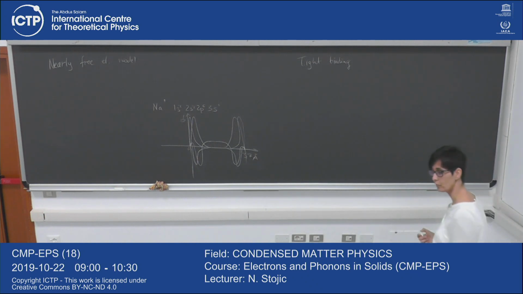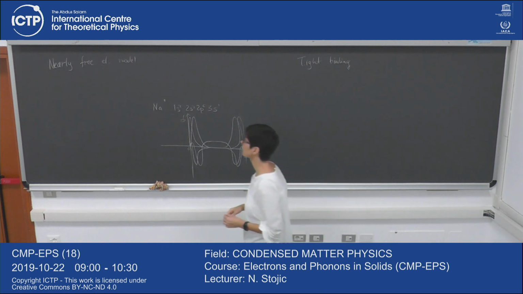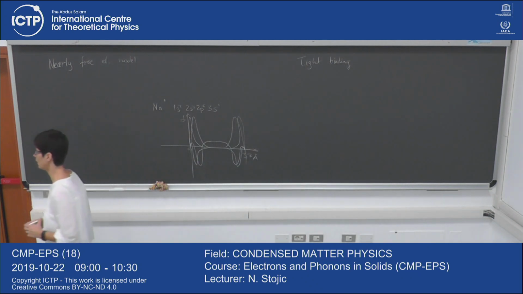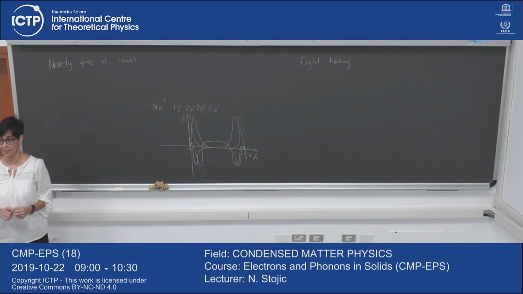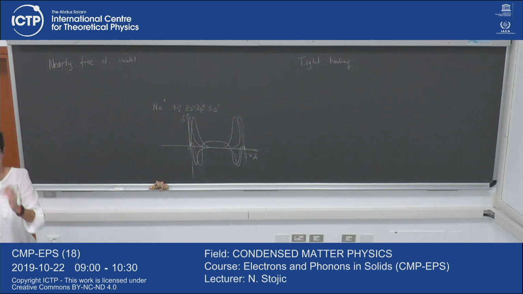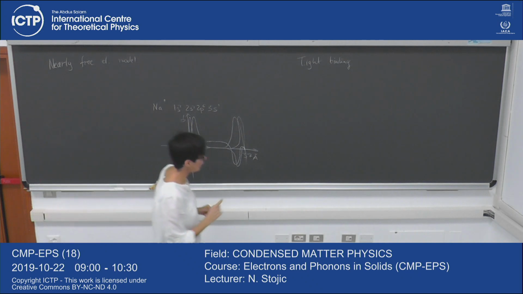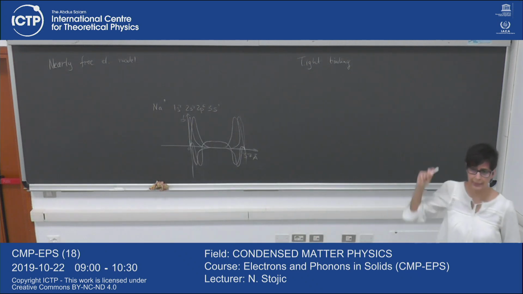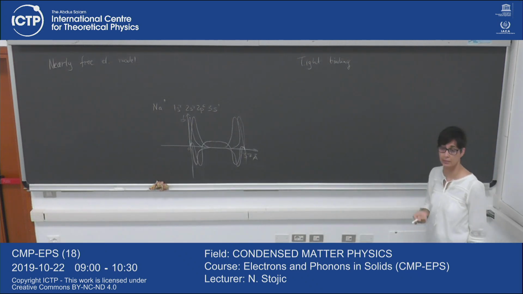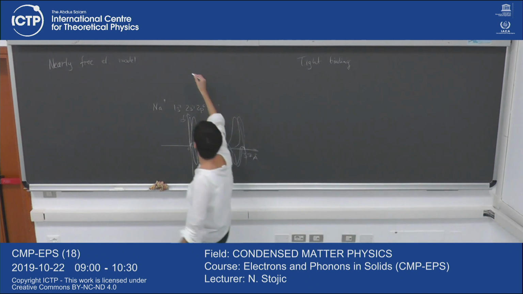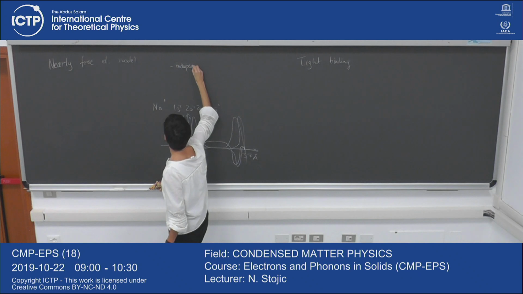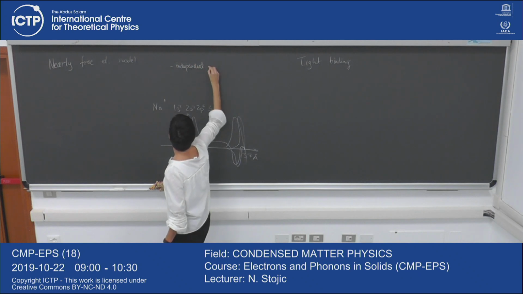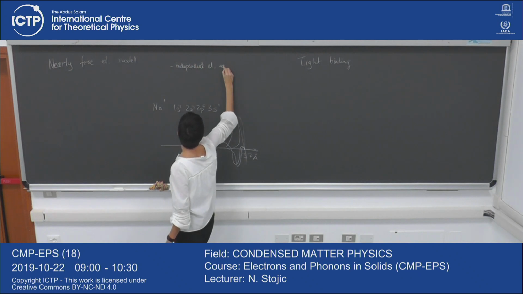Of course you can define the atomic functions that you have, and the atomic potential itself is not extending too far. This I will come to in a second. But these two approximations have something in common. They are both independent electron approximations.